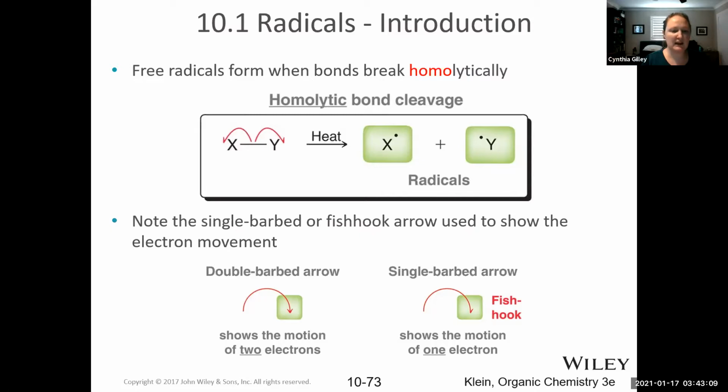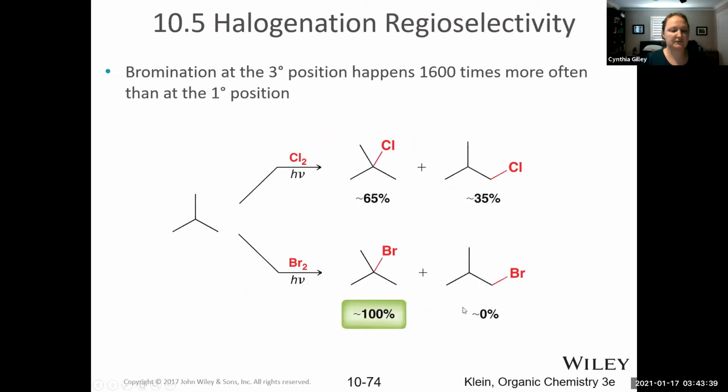So they can break heterolytically, and that's all the reactions we've been talking about, or remove 2 electrons at once. But they can also break homolytically, which means 1 electron goes to each atom that's participating in the bond. When that happens, we form radicals. And when we show the arrows for that, instead of using a double-sided arrow, we're going to use a single-sided, what's also known as a fishhook arrow, to show the movement of just 1 electron.